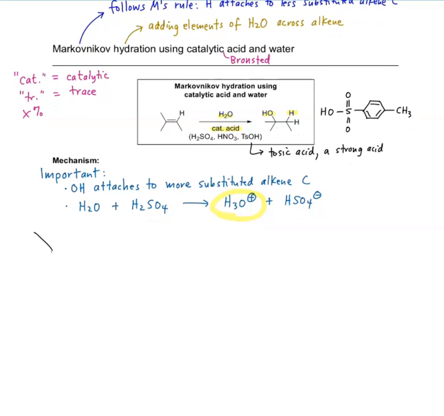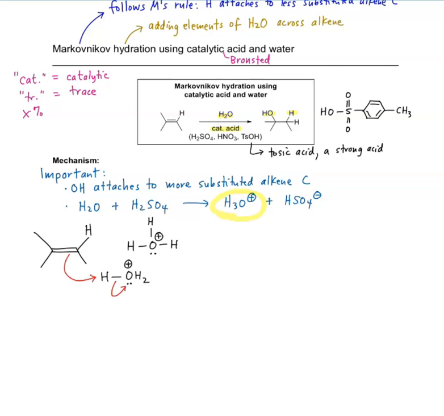You'll recall that in the first step of the mechanism of the addition of HBr, what happened was that we protonated the alkene, and that's what happens here as well. So we have H3O+ as the proton source. Let me draw out H3O+. But then we can also draw it like this: proton attached to OH2 with a positive charge and one lone pair, so that we can employ it in the mechanism.